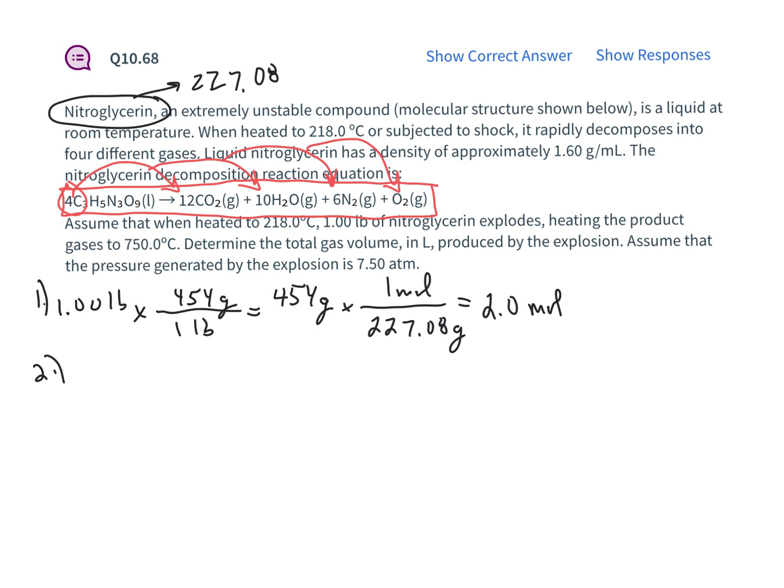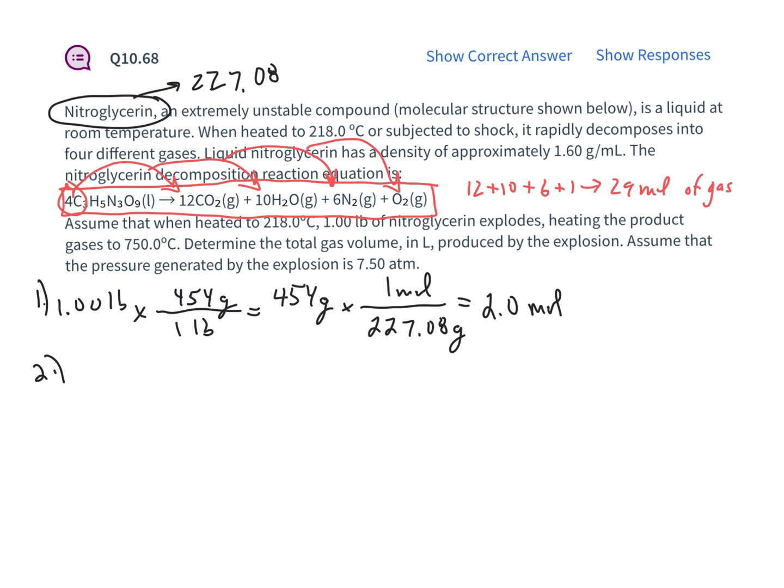So the total number of moles produced in this reaction that are in the gas phase is 10 plus 12 plus 6 plus 1. So that gives us 22, 28, right? 29 moles of gas are made in this reaction.